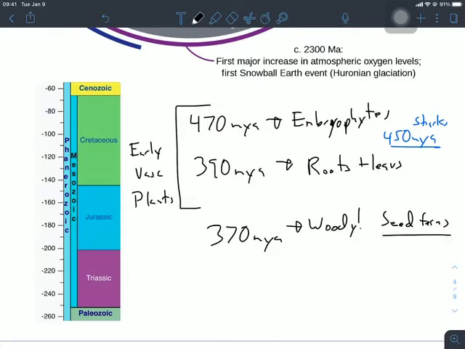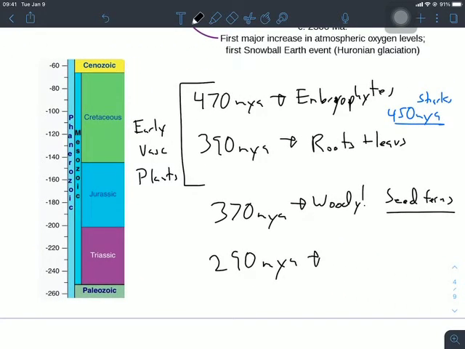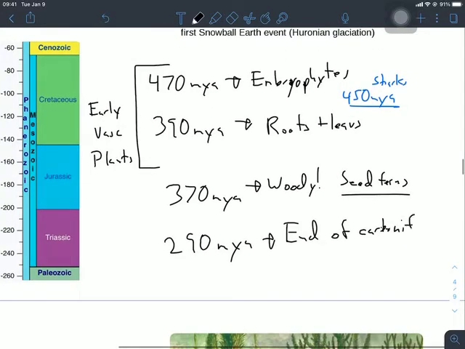That's a lineage we won't really spend time talking about, but they do exist. And the Carboniferous period ends at 290 million years ago, or thereabouts. The end of the Carboniferous coincides with the evolution of a very particular fungus.